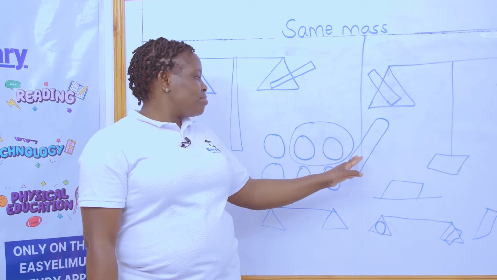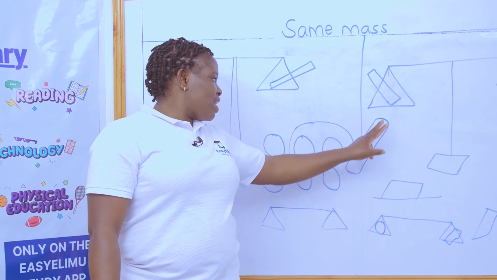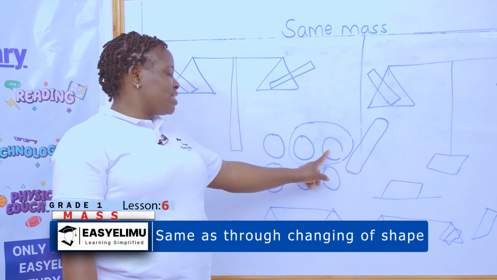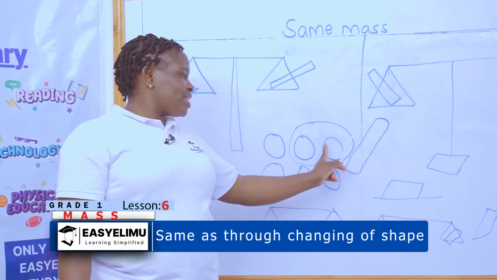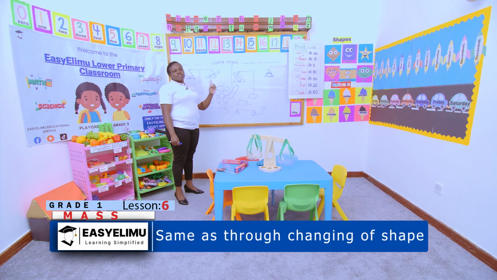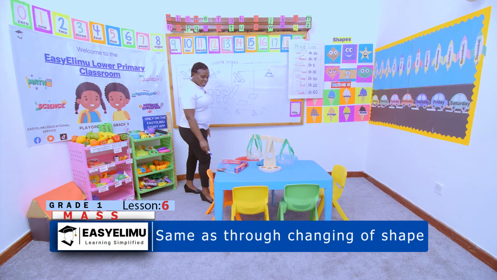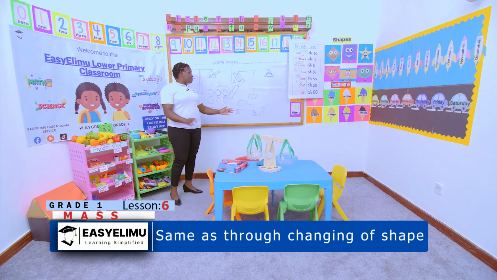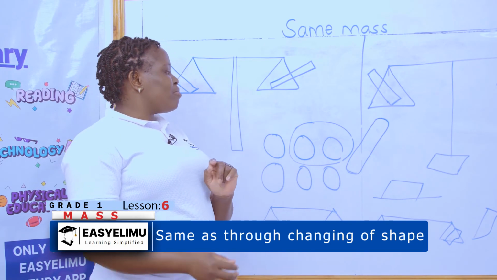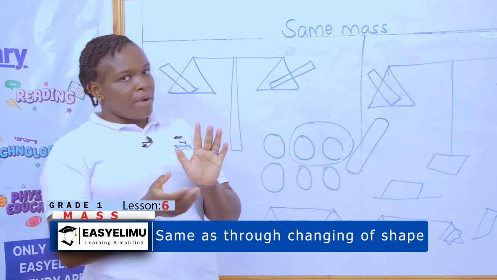Then change one into a ribbon like this, and the other one maintains the shape. Then weigh them again and find out, will they still weigh the same? And then you'll realize that even if you change the shape of that piece of chapati, it will not affect its mass. The mass will still remain the same, because the original shape had the same mass as the ribbon, or the shape you have made.